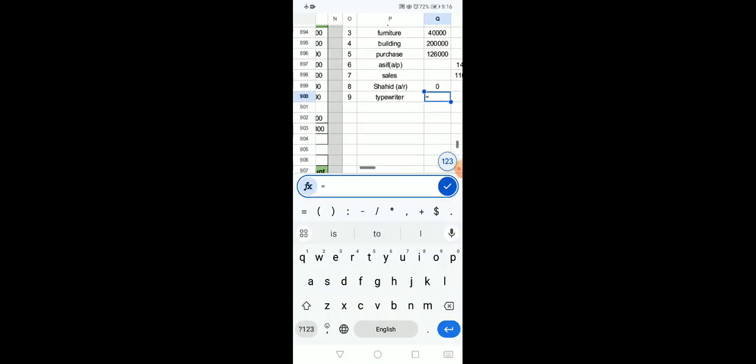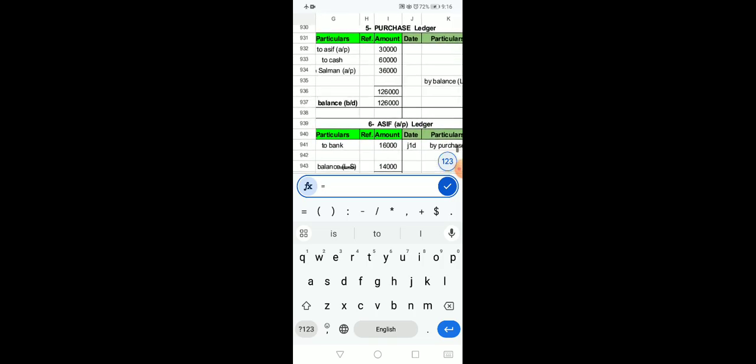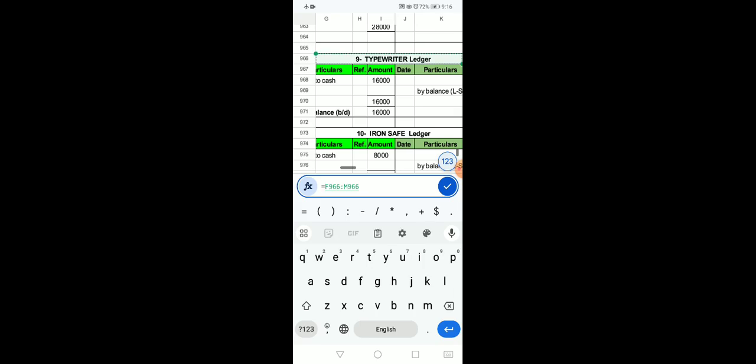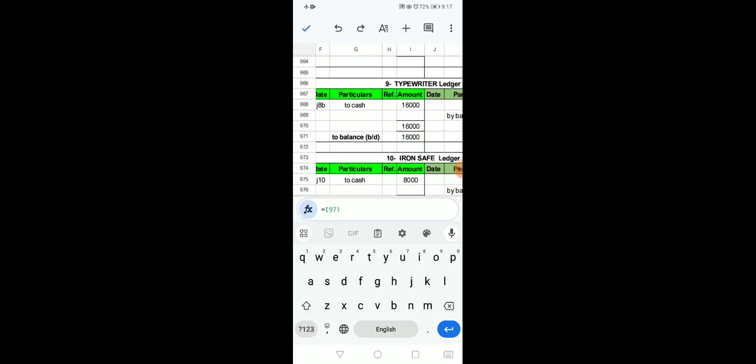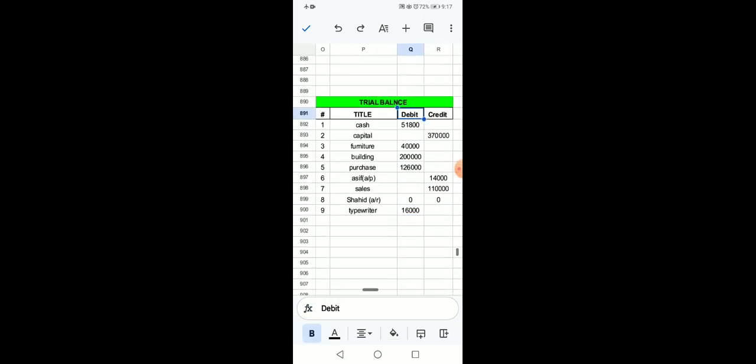The ledger number is 9. Here you have ledger number 9. The balance is brought down on the debit side, 16,000. So in the trial balance you will choose the debit side and write 16,000 in front of typewriter. On the debit side you have chosen, 16,000 is written in front of typewriter. Ledger number 9 is completed.